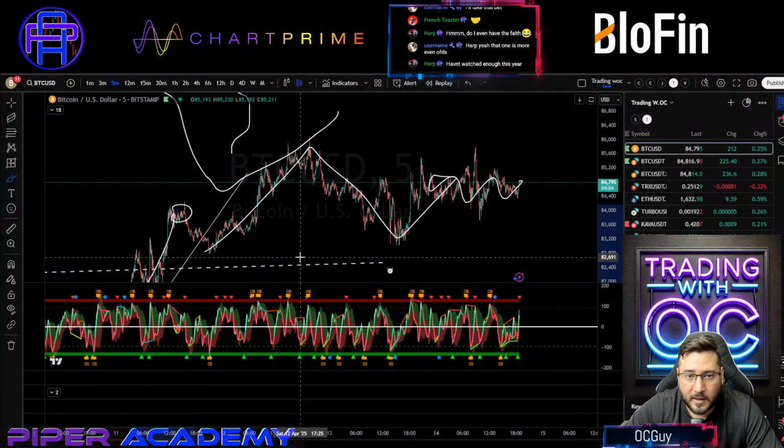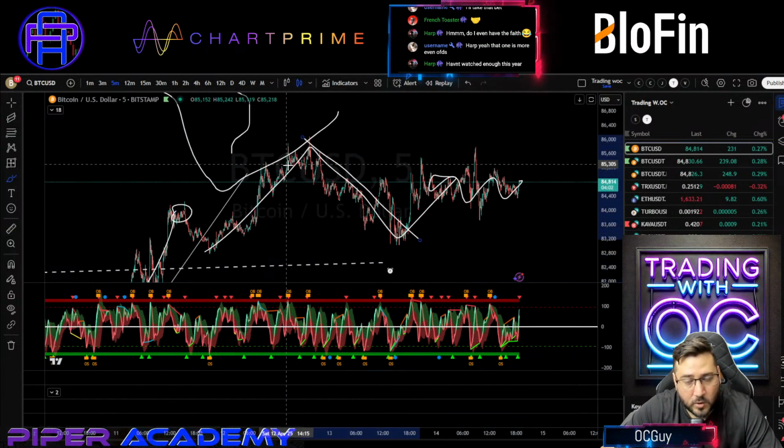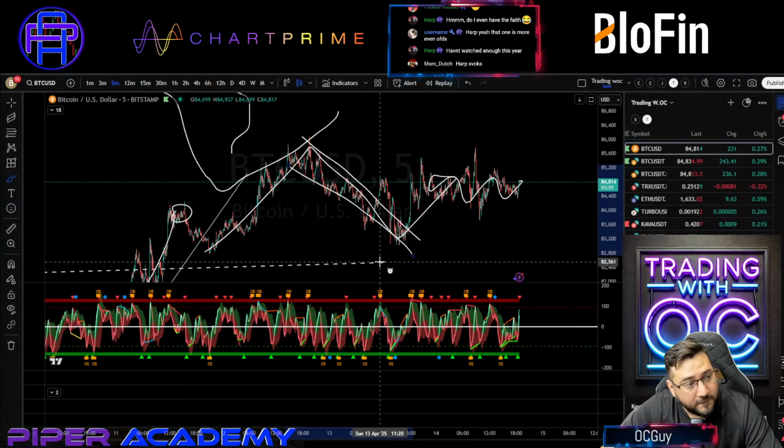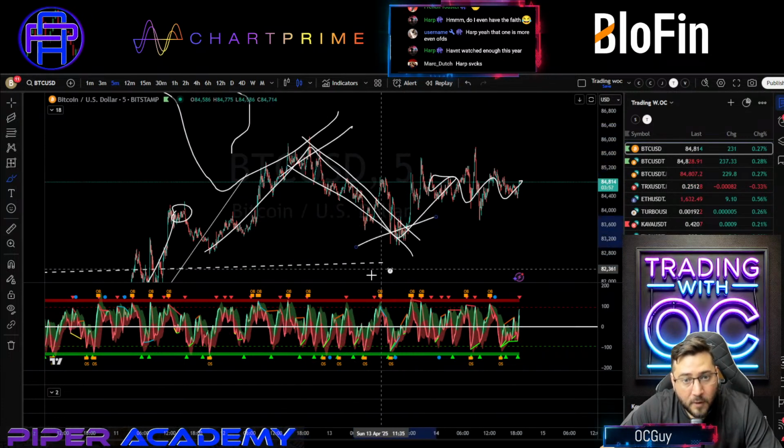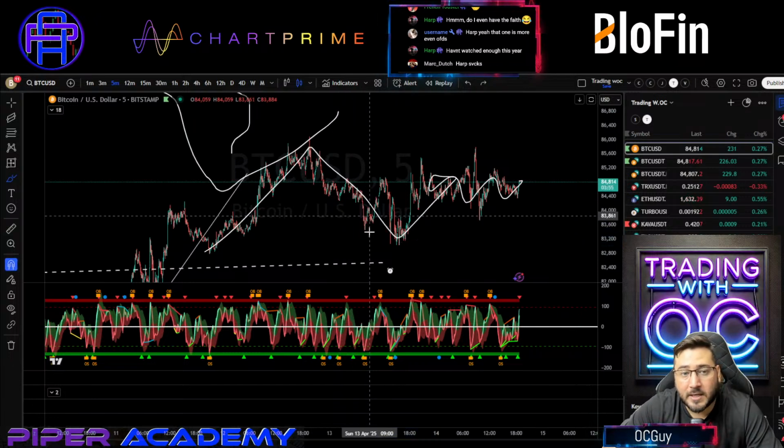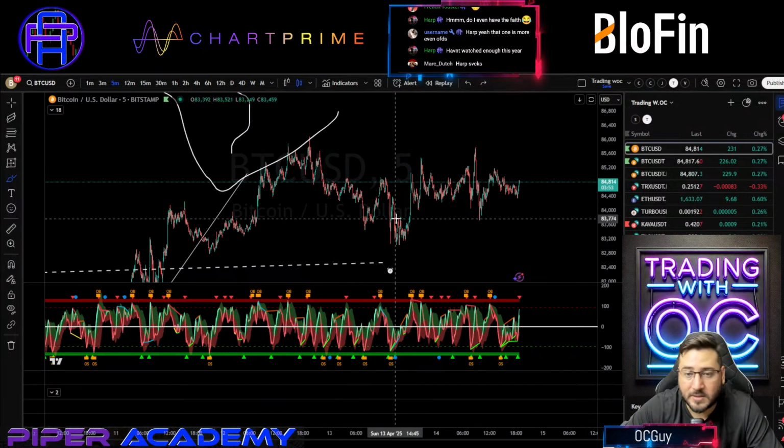Tops, and then you can define the range. The trend. Once you have the trend figured out, look at the same characteristics for your next trend scenario.